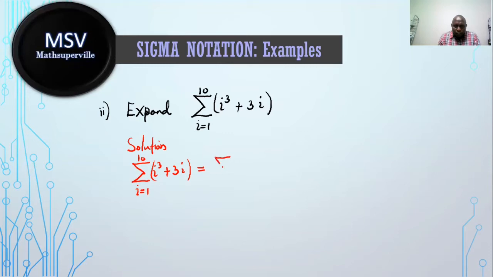So we can split the sum to be the sum of i cubed plus the sum of 3i with our indices running from 1 through 10.